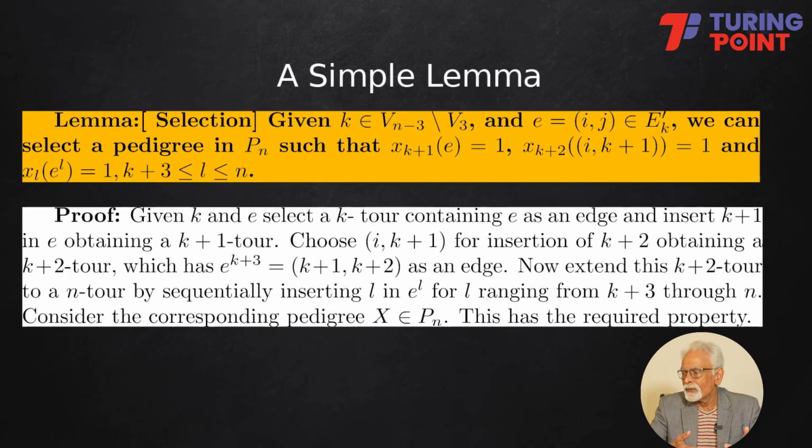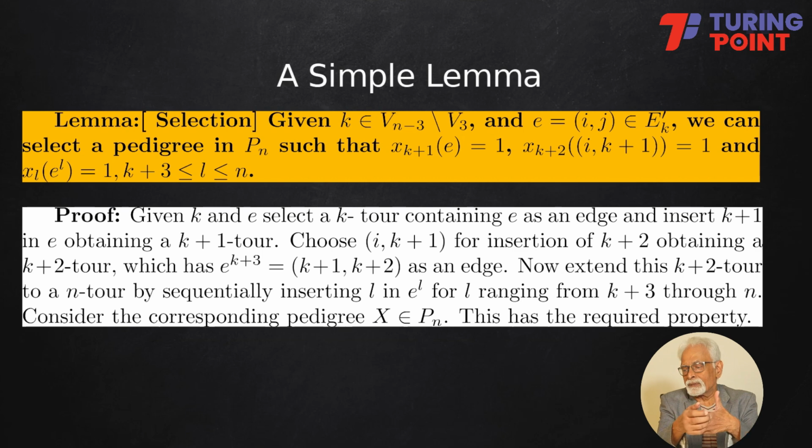Okay, now the proof. Of course, we select a k-tour and then insert k plus 1 in the edge e obtained, so that by inserting k plus 1, we can get a k plus 1 tour. So how do we choose? Any k-tour we can take and insert k plus 1 in that, and you will get an edge where you have k plus 1 inserted. So naturally you will have an edge i, k plus 1 for some i, and then in that tour we can again take that edge and insert k plus 2 in that.